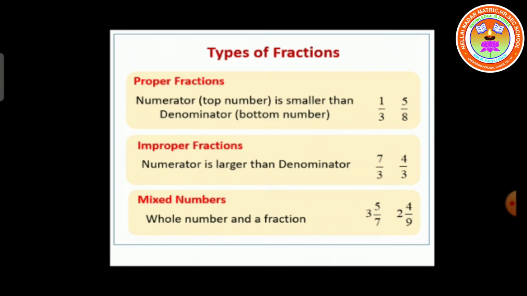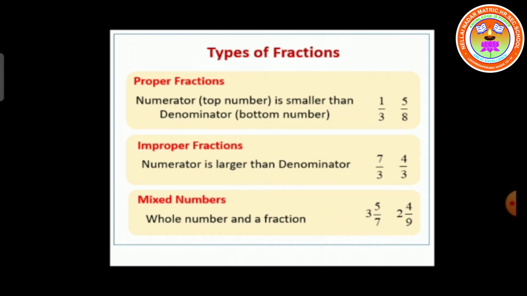That is, your numerator must be smaller and your denominator bigger. If the fraction comes like this, then you can say it's a proper fraction. Improper is the reverse of proper. So your numerator must be greater and your denominator must be lesser.